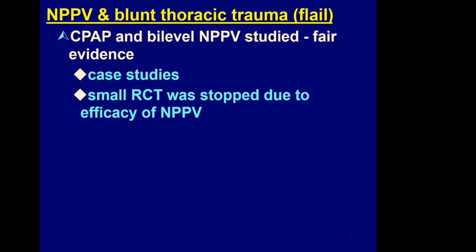One small RCT was stopped because NPPV was shown to be effective. Therefore, the patients could not be denied NPPV. This is ethics in research. During a study, if we find that the treatment is working, we can't deny it to the control group. We've got to give it to everyone.